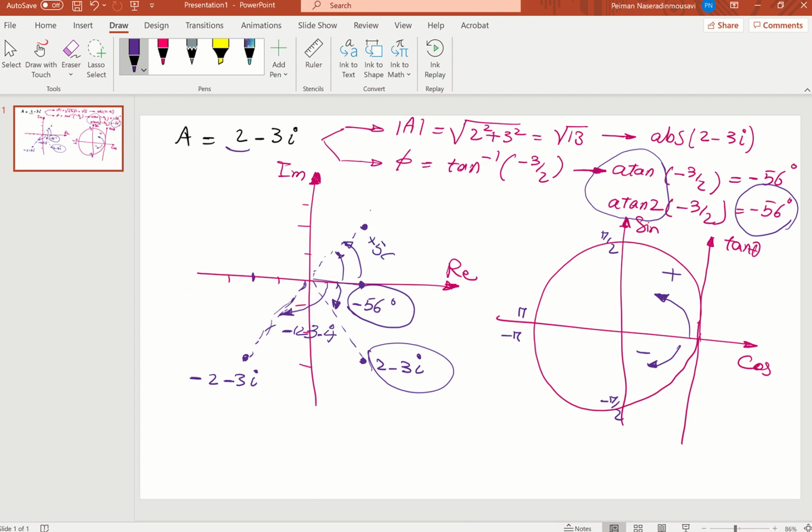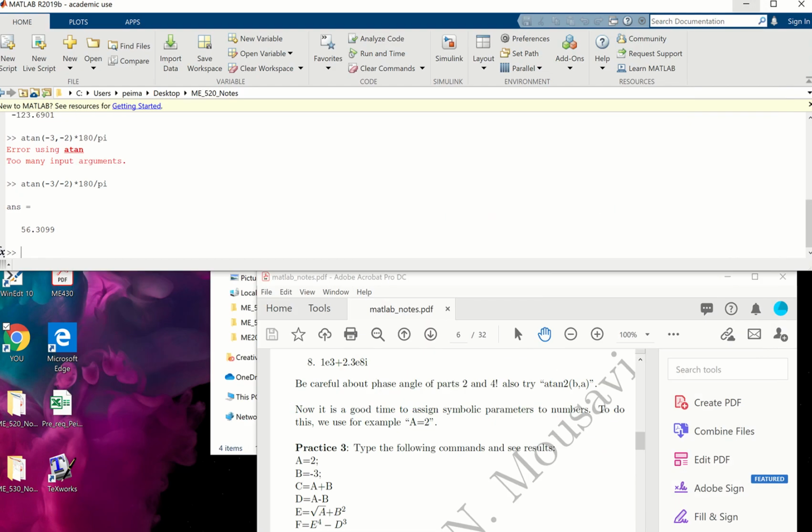So that's why when you're dealing with complex numbers in MATLAB, it's better that you use atan2, meaning arctangent 2, which calculates the result with respect to the quarters that we learned from the unit circle. I intentionally did that in part 1 to teach you in this class.